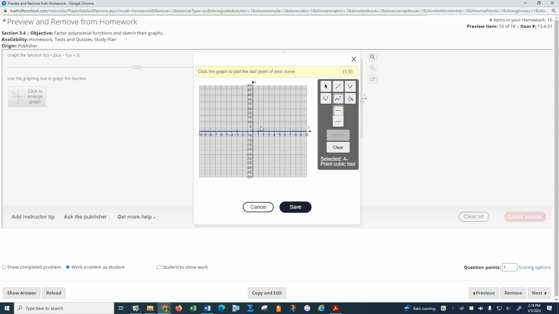How many points determines a line? 2. How many points do I need to determine a parabola, so a quadratic? 3. How many points do I need for a cubic, which is what that's going to be if I multiply it out? I need 4, don't I? And so I've got to pick one other correct point.